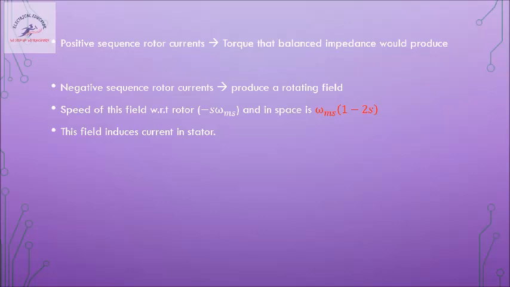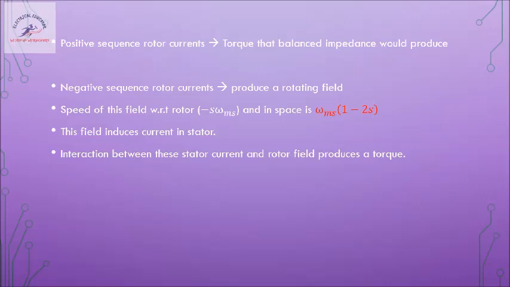So this newly created field will induce a current in the stator conductors, because the stator is stationary. A change in magnetic field in a conductor will induce an EMF in the conductor. Since the stator conductor is in a closed path, this field will induce a current in the stator.